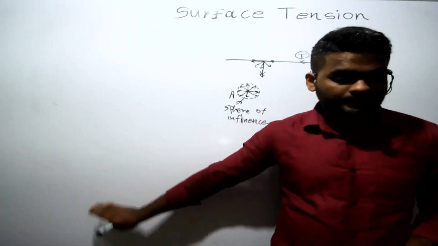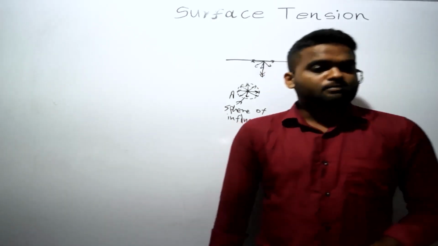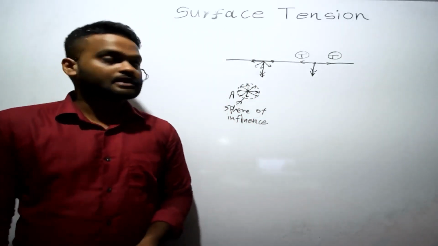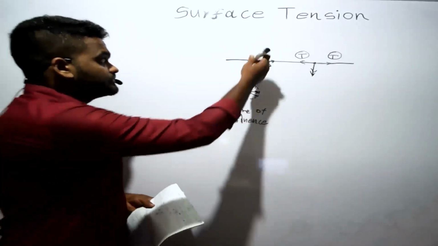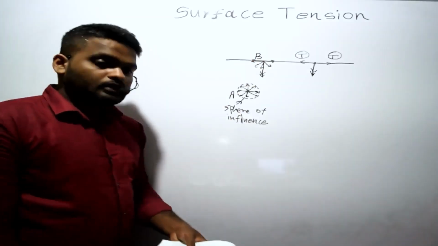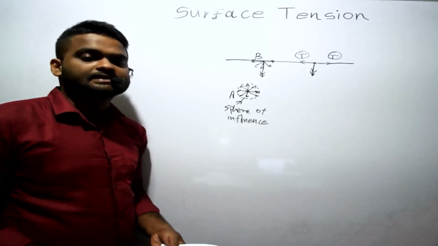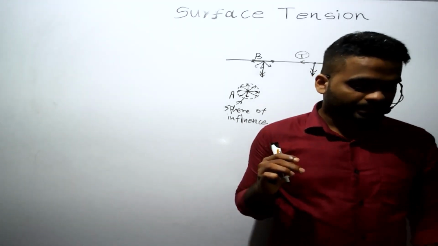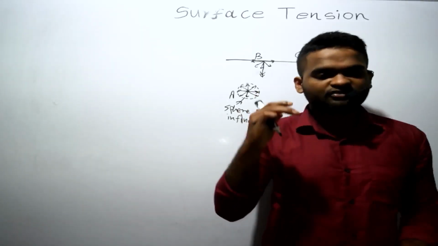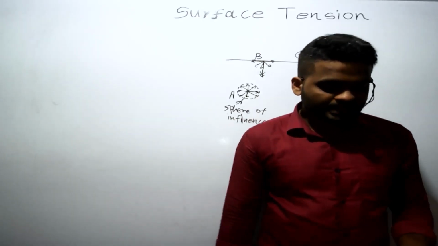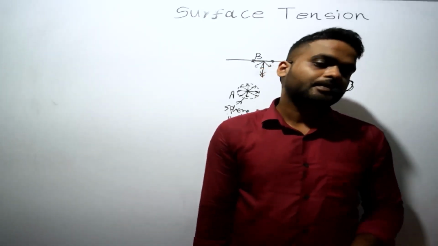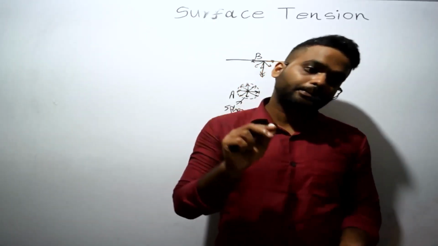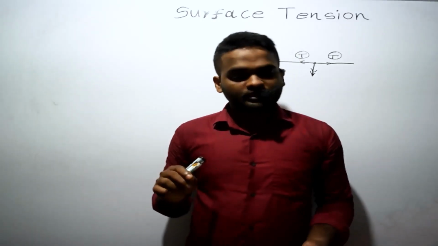Then the third point, write down. If a molecule near the free surface, let's call it B, is considered, the number of molecules above the molecule is less compared to the number of molecules below it.